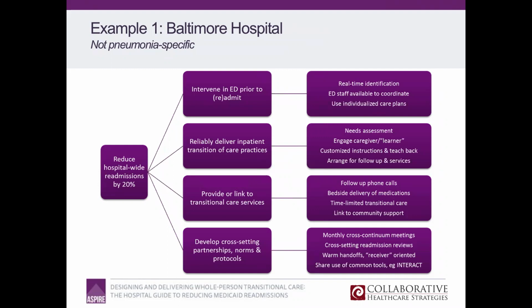I won't walk you through all of the specific steps, but you can see that's a specific strategy. It has several actions that support the implementation of that strategy. Number two, they reliably deliver inpatient transition of care practices. So this is improving care for the patient while the patient is with us. Number three is either directly provide or link to transitional care services.